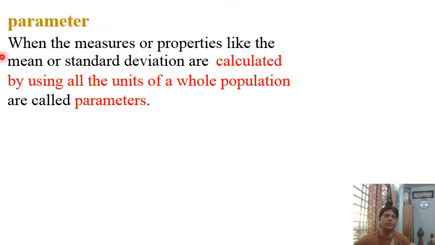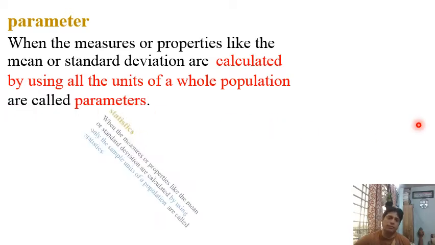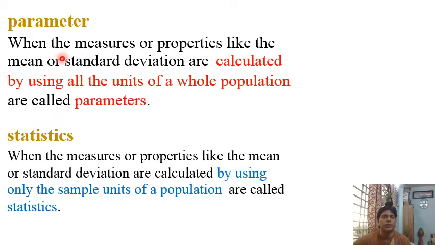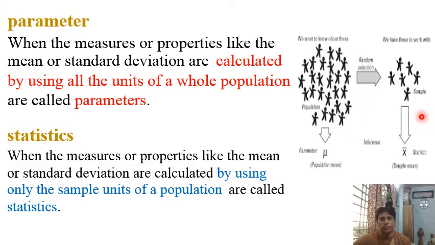Parameter. What is a parameter? When the measures or properties like the mean or standard deviation are calculated by using all the units of the whole population, they are called parameters. Suppose here is the population, all the units are here. If we calculate the average from these data, this average will be treated as a parameter.